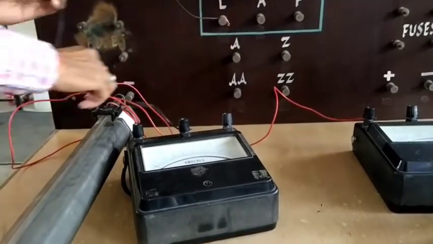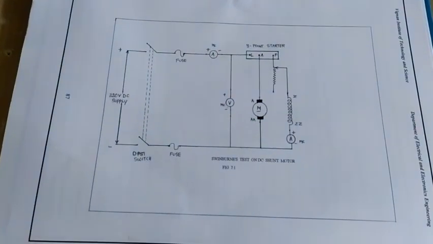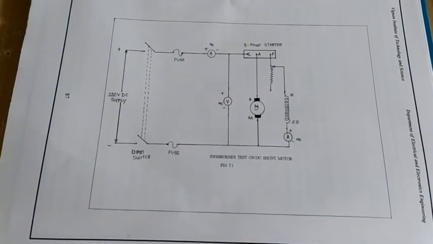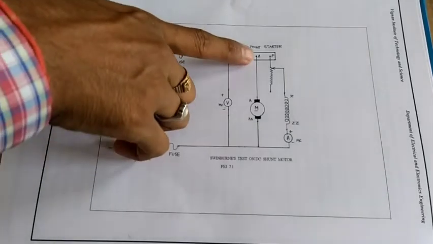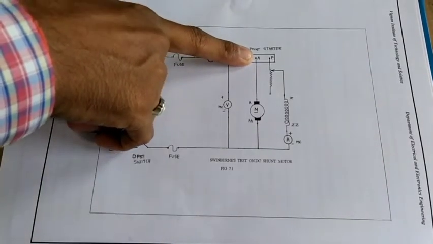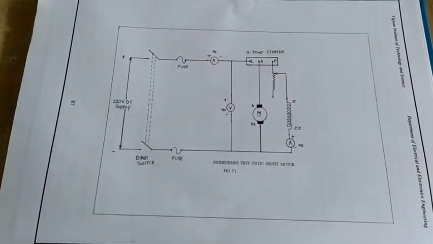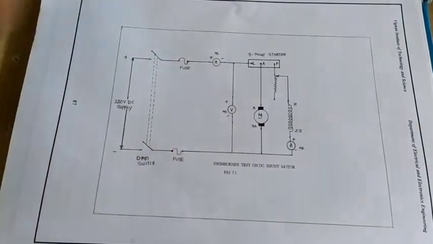Next, from A of the 3-point starter to the A of the DC motor, that is the armature terminal of the DC motor.